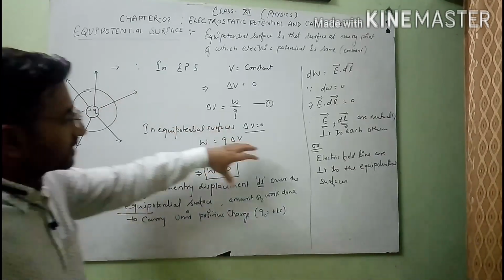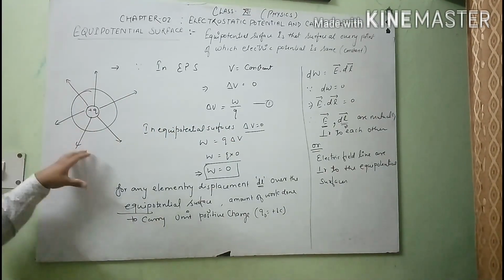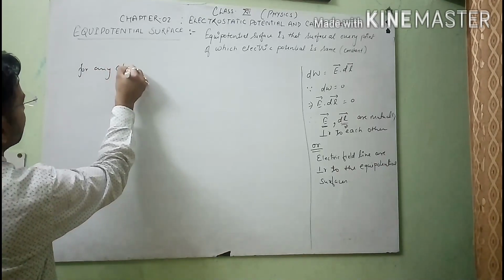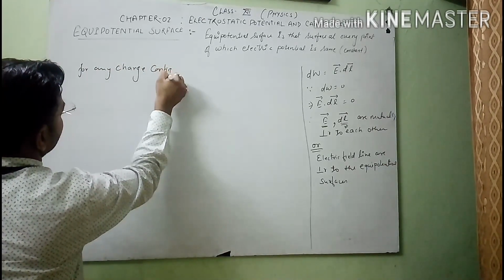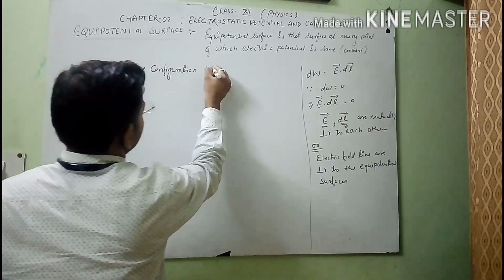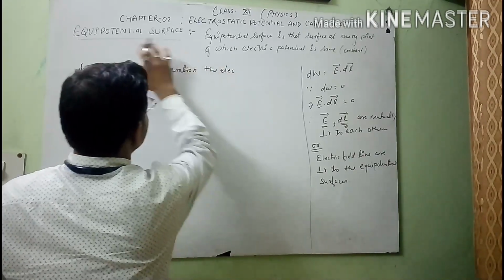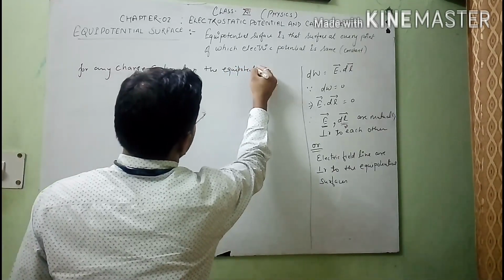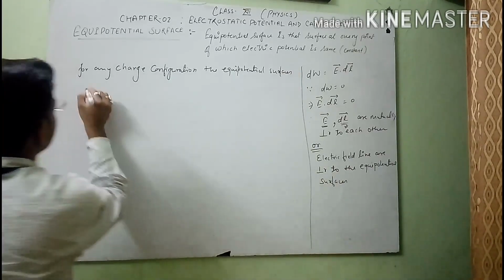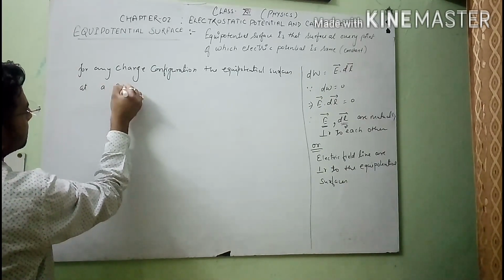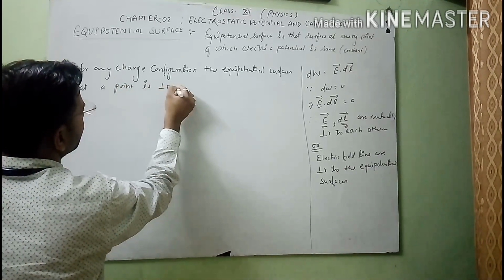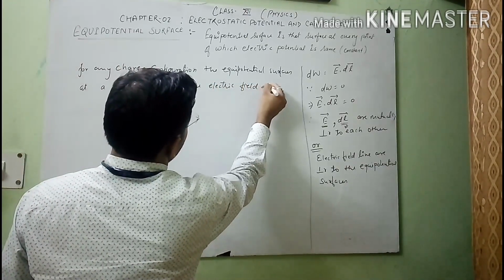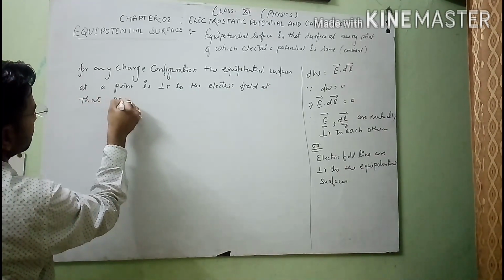See here, what I want to explain is that for any charge configuration, the equipotential surface at a point is perpendicular to the electric field at that point.